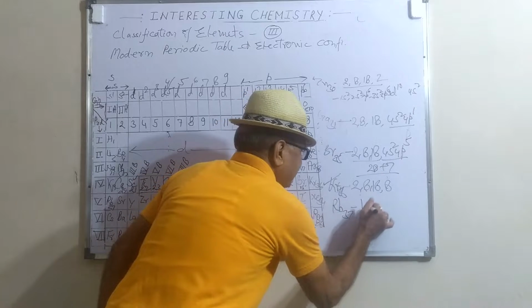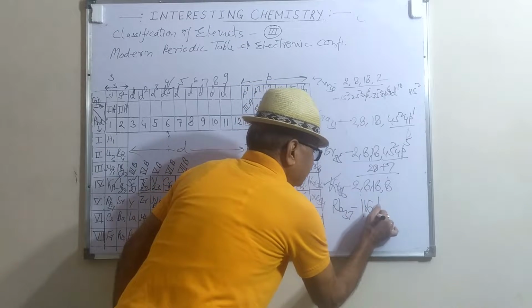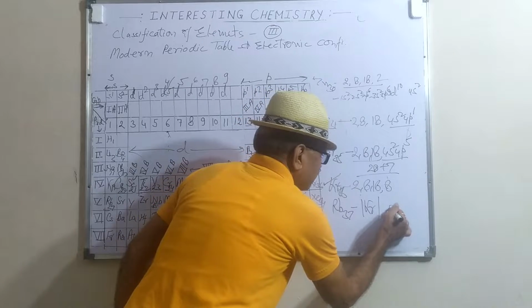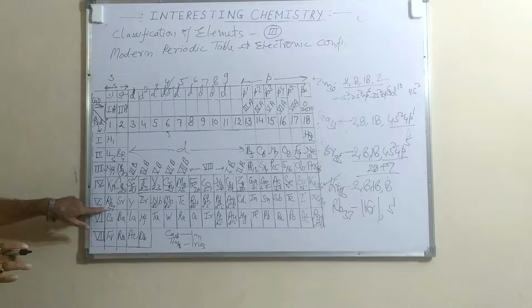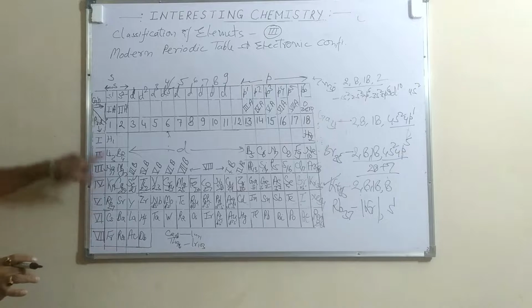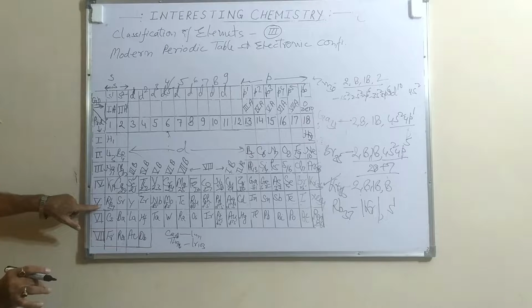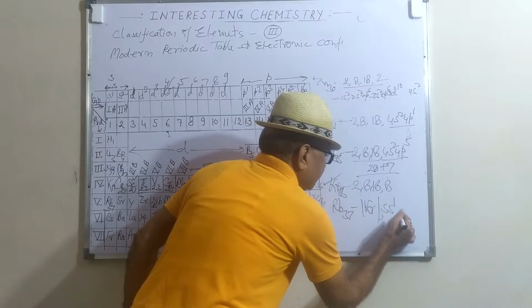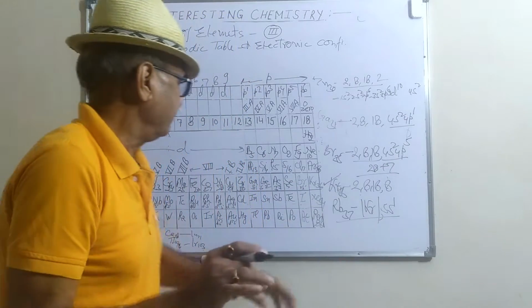In this way you can write krypton, and then you write s1, because the 37th electron will enter into the s orbital. Which s? Sorry, for rubidium 37, the fifth s. So you will write here 5s1. This is the electronic configuration of rubidium.